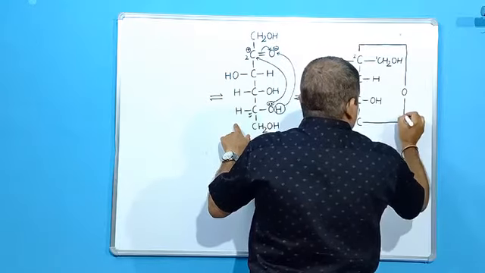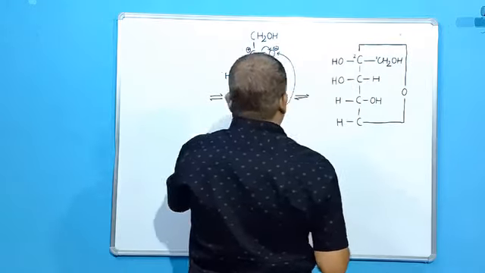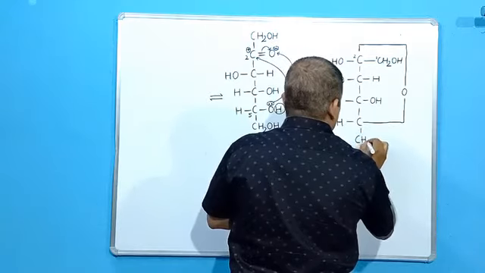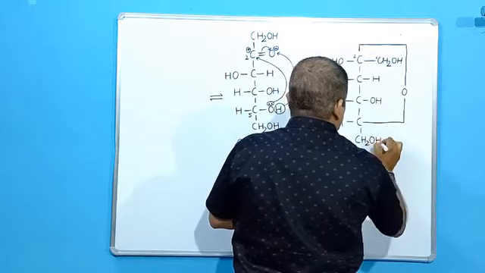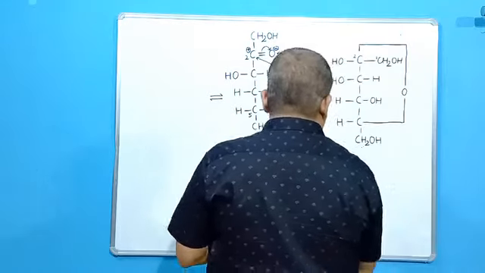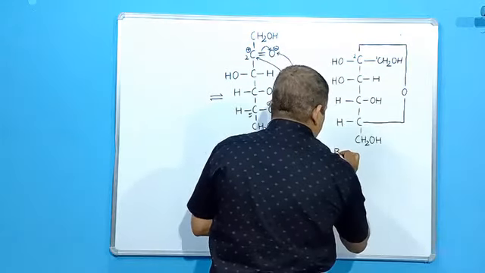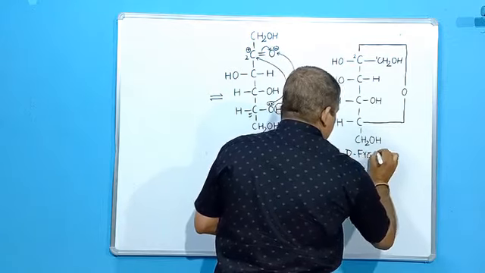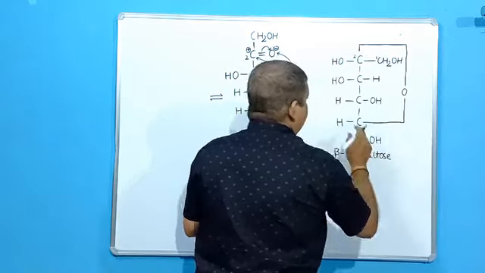The hemiketal linkage will be here, then the last one will be unchanged, H, CH2OH. Here the OH group is on the left side, so it will be beta D-fructose. How to identify? By the placement of the OH group.